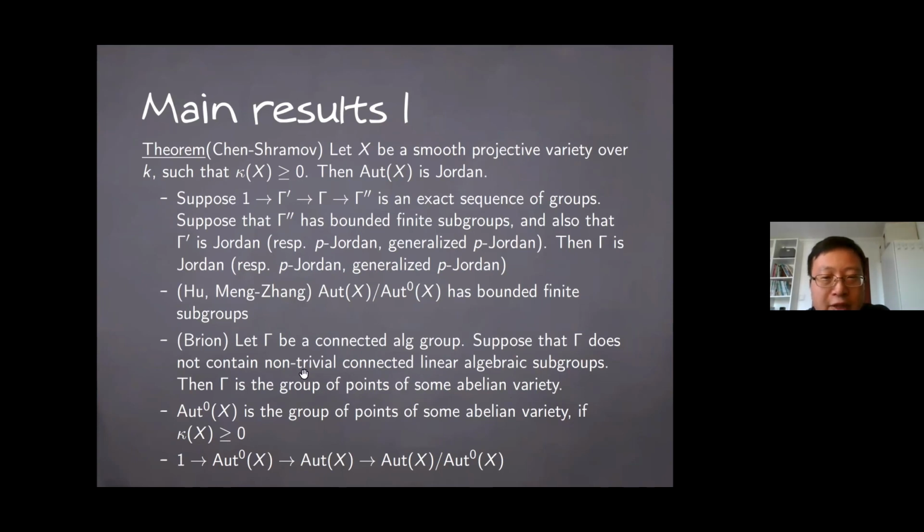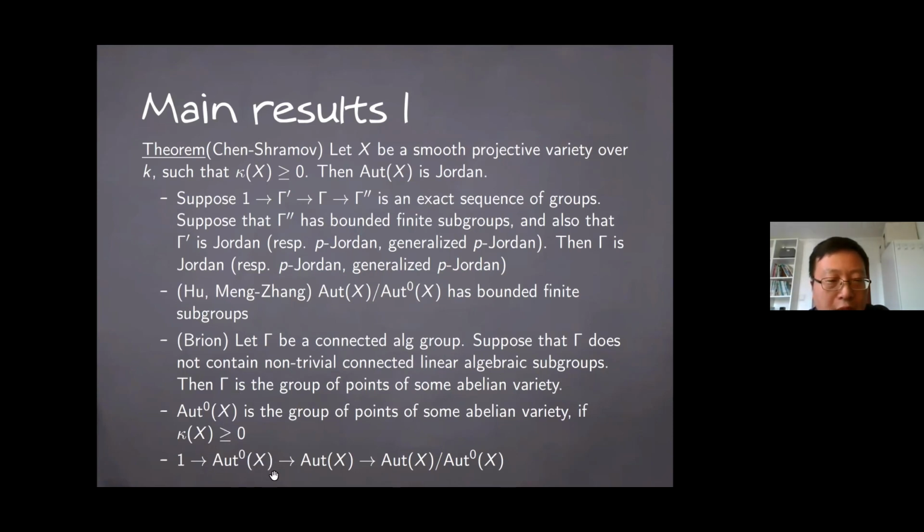So from this fact, if gamma does not contain some non-trivial, then this is linear. So this argument is similar to before. If it contains some non-trivial connected linear algebraic group, then Kodaira dimension would be negative infinity. So it shows this is a group of points of some abelian variety. In particular, it is abelian itself.